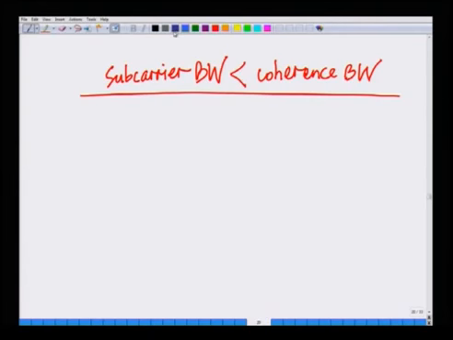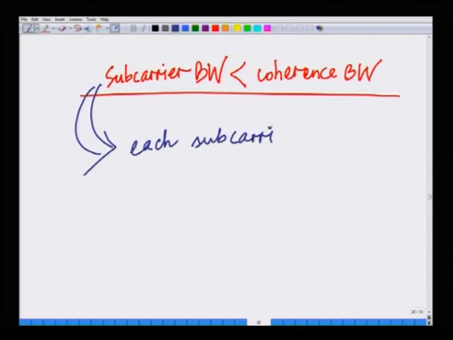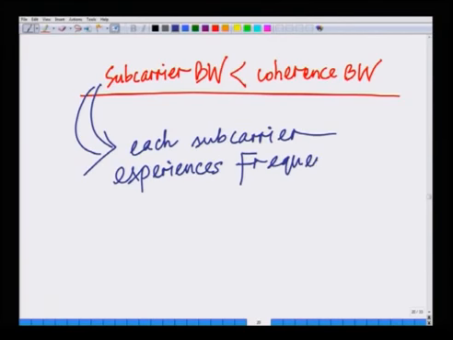So this implies each subcarrier experiences frequency flat fading.